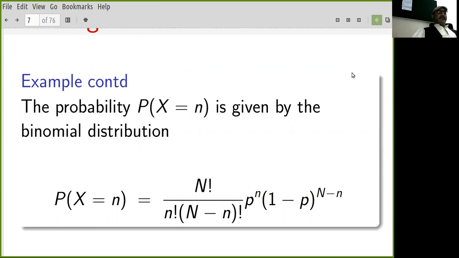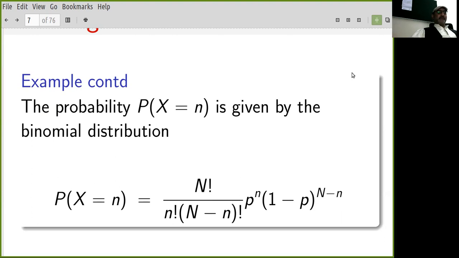So the probability that x equals small n is equal to, for any sequence of heads and tails, it would be p to the n times 1 minus p to the capital N minus n, right? And now how many of those are there? Well, there would be capital N factorial if you had capital N symbols that were distinct, but small n of them were all h's.